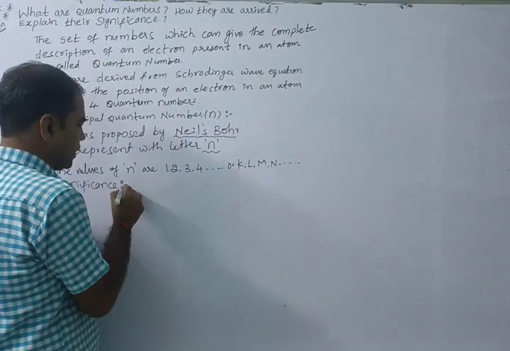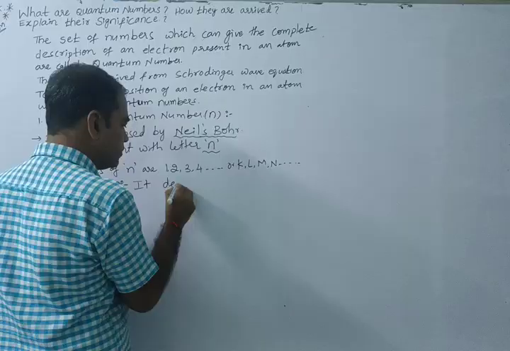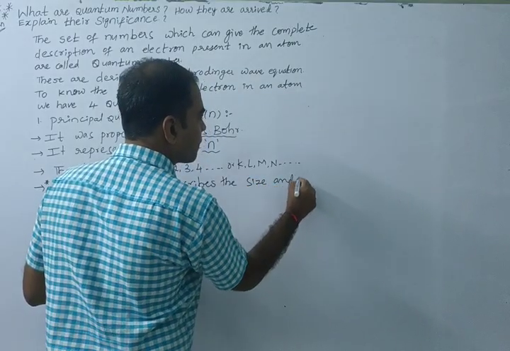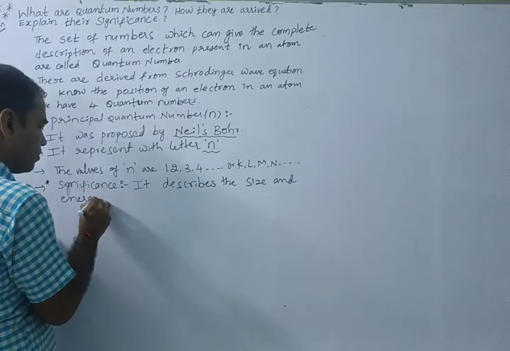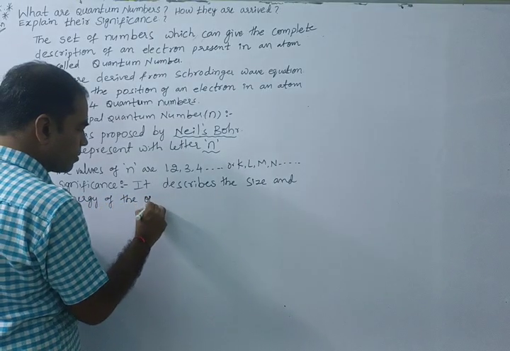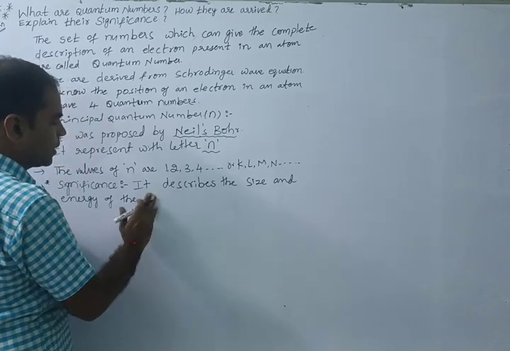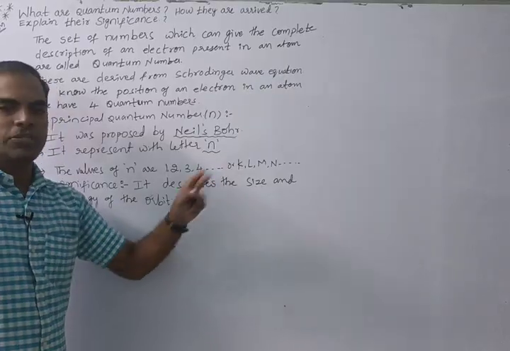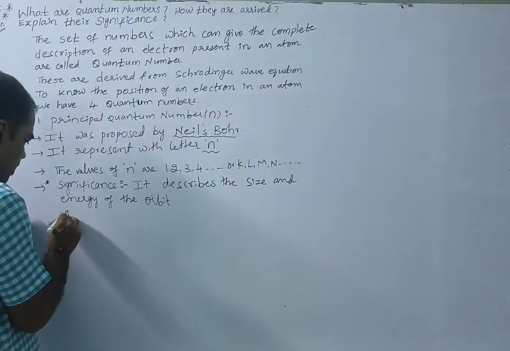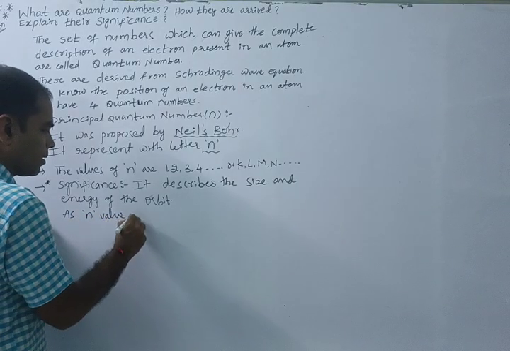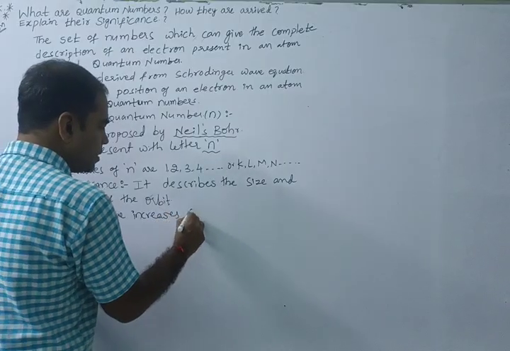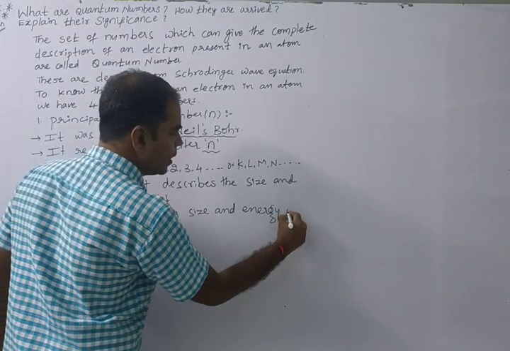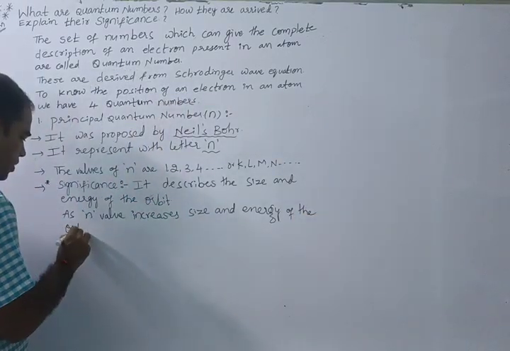That means as the n value increases, the size and energy of the orbit also increase.